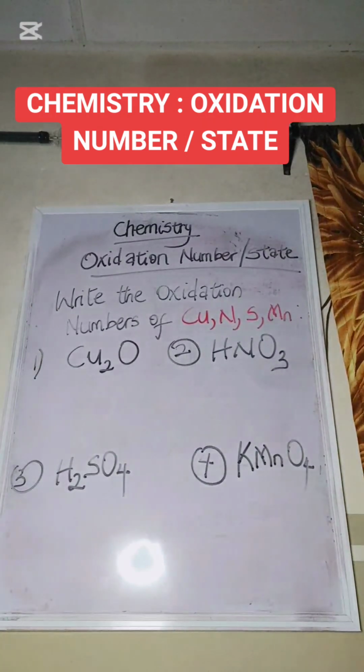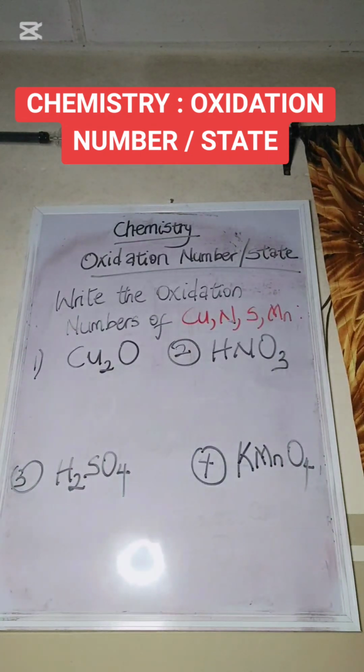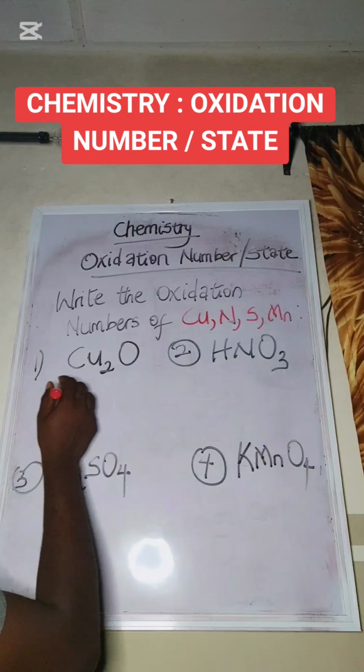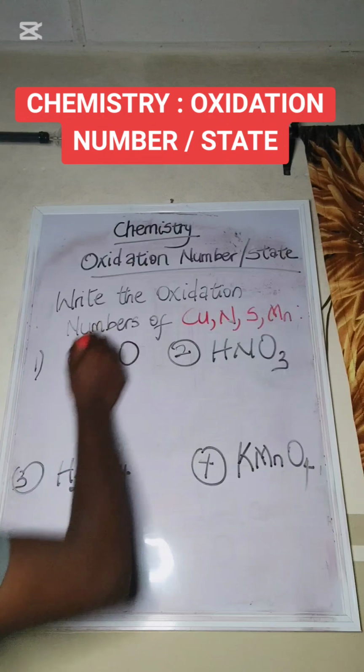On the board we have: write the oxidation numbers of Cu, N, S and Mn in the questions below. First one, we are looking for Cu. Let's call it y.